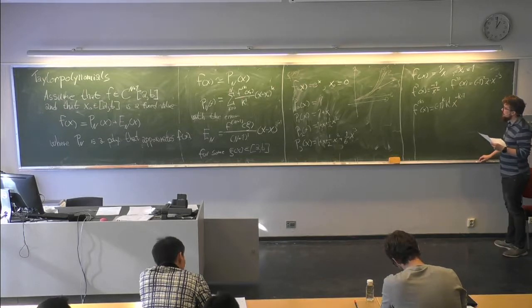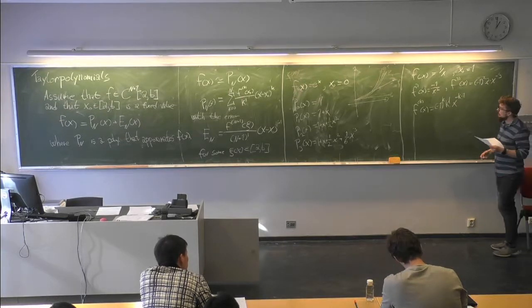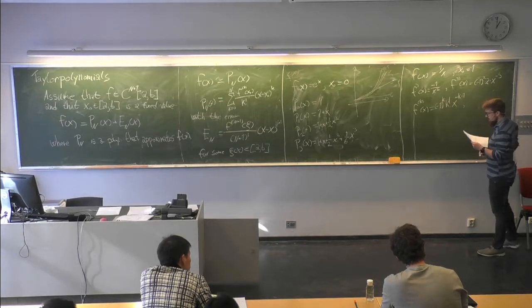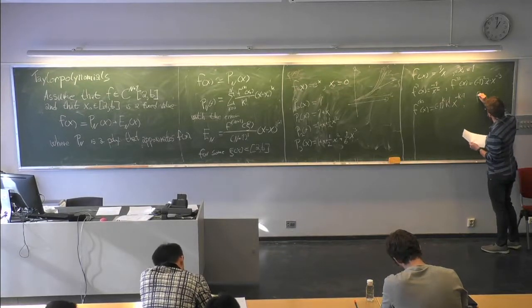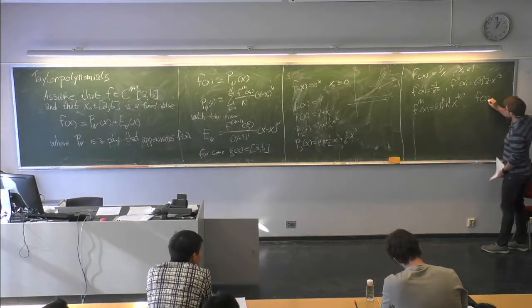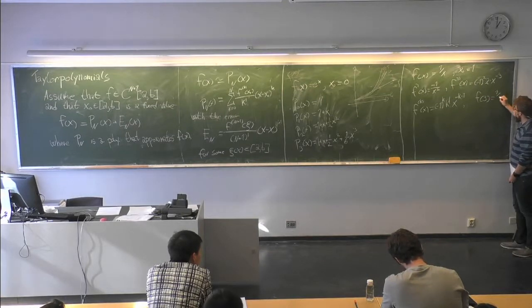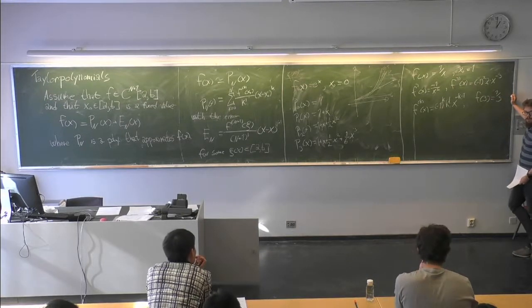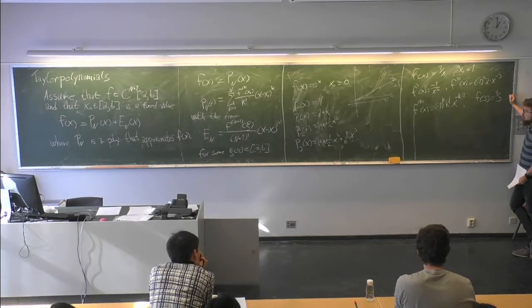Okay, so we want to use this formula to approximate f of 3. So we want to approximate one third using polynomials. So this is just 0.333 recurring.